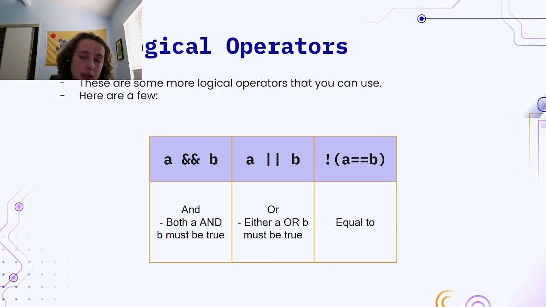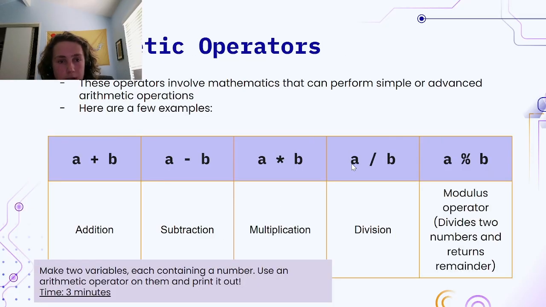So if A and B are the same, so this would return true, it returns false because there is a not around it. But if they are not the same, and it would normally return false, this would then return true. It just flips it.